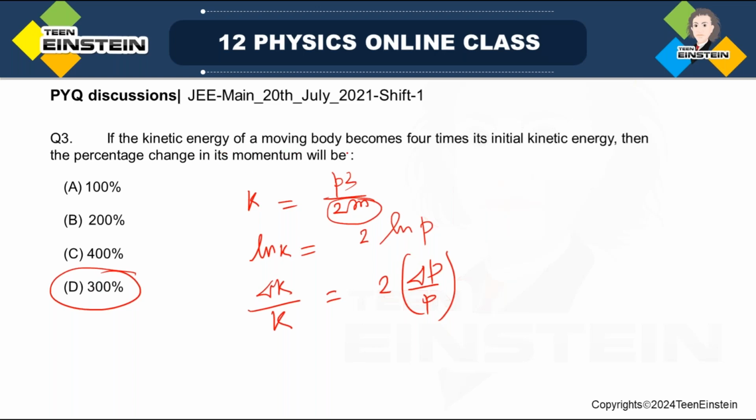If the kinetic energy of the moving body becomes 4 times its initial kinetic energy. This is only the percentage change. Okay, let us do one thing here. Change in the kinetic energy, it becomes 4 times. Let us read the question once again properly.